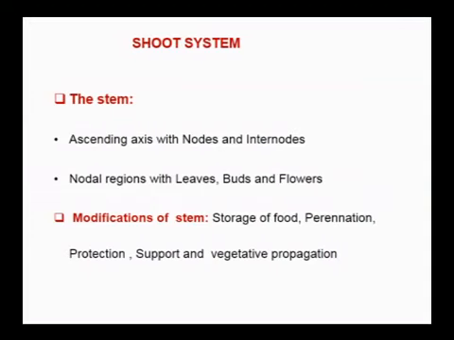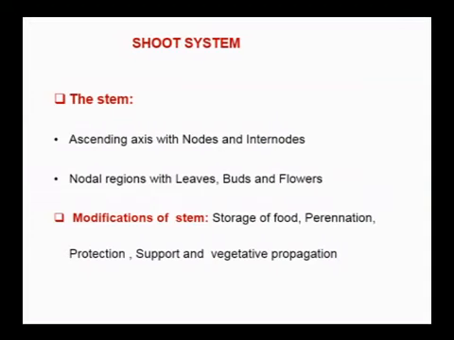For example, the tuber of potato, rhizome of ginger, bulb of onion, and corm of Amorphophallus are some examples of stem modifications for food storage which are below the soil.